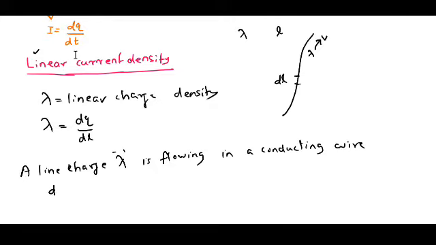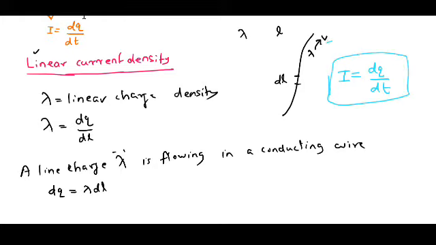From this expression, we can write dq, the amount of charge flowing through the small length element dl, is equal to lambda dl. As I mentioned, our aim is to find the current, that is I is equal to dq by dt.